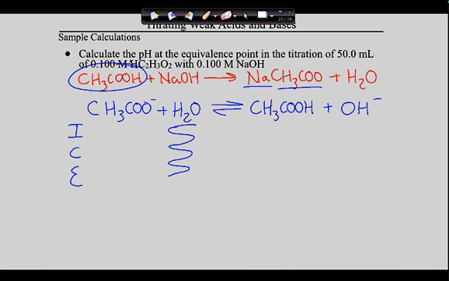Where did it go? It got converted into acetate. So what is the moles that we care about now? The acetate ion. We have 0.005 moles of this. That's what we started with, but it all got converted into acetate ion. So now we have 0.005 moles of acetate ion that's attacking the water.